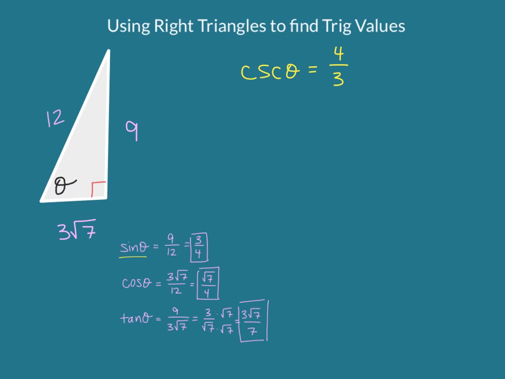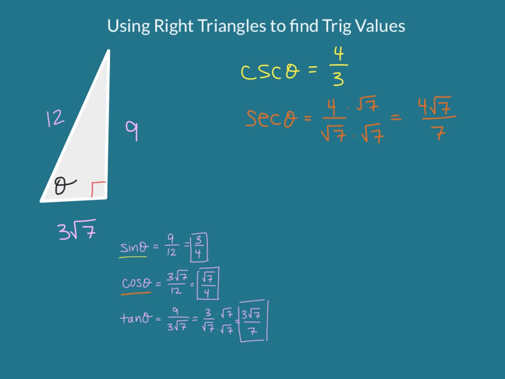The next one that we'll find is the reciprocal of cosine, and the reciprocal of cosine is secant. So we'll take root 7 over 4 and then write its reciprocal, which is 4 over root 7. We do have to rationalize this one more time. And that will give us 4 root 7 over 7.